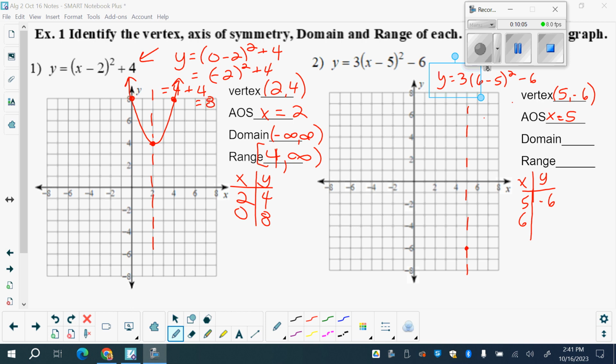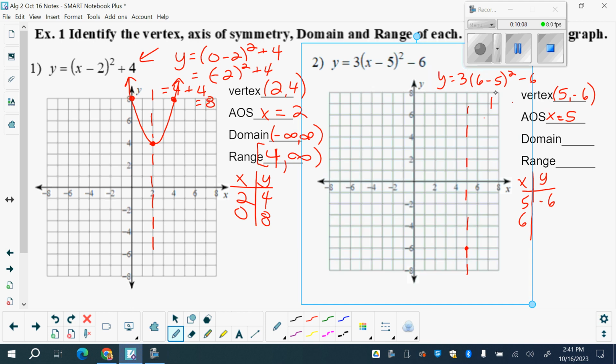So 6 minus 5 is 1. So 3 times 1 squared minus 6. And then what do you do next, exponent or multiplication? Exponent. So 1 squared is 1. So this is 3 times 1 minus 6, or 3 minus 6, which is negative 3.